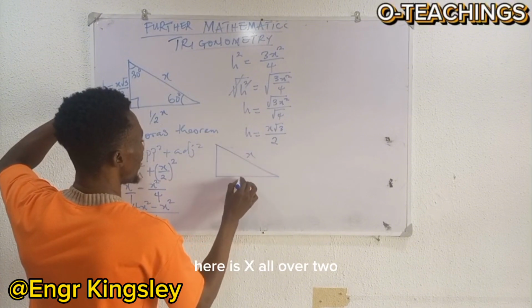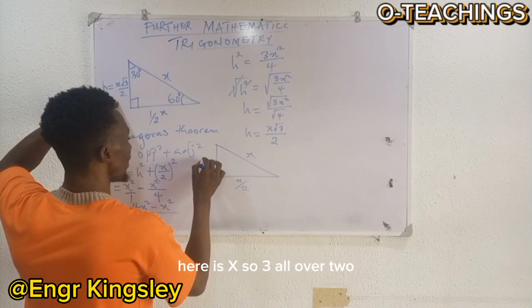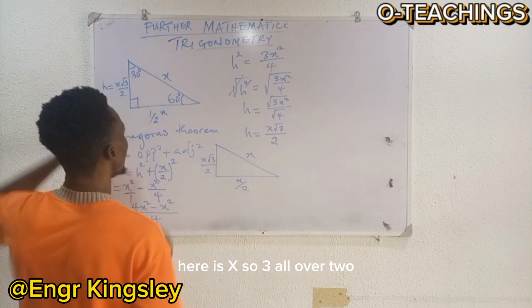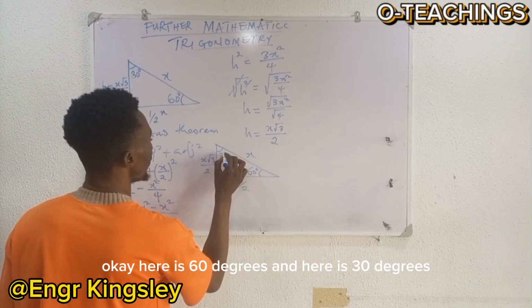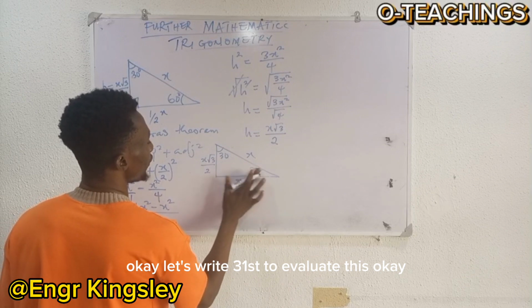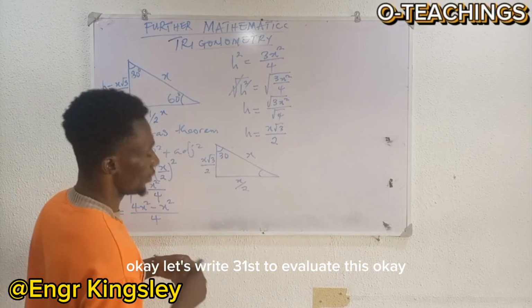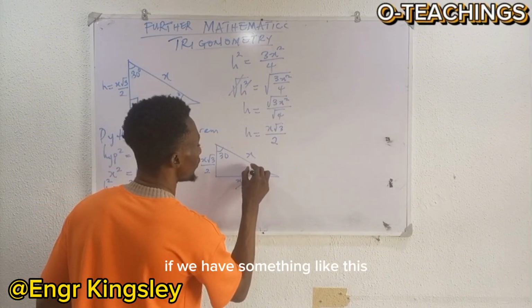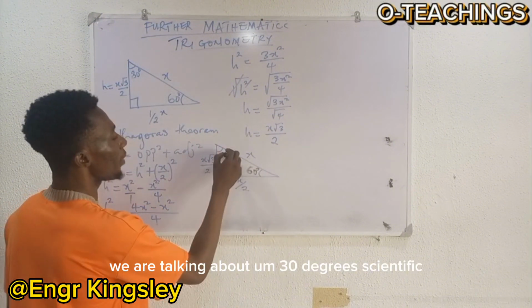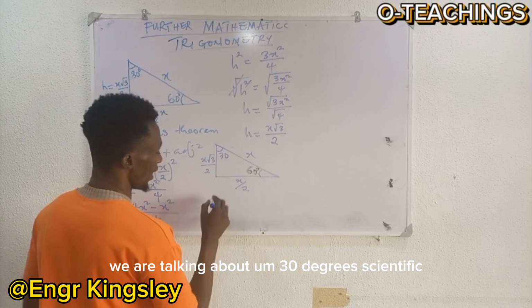Here is x, here is x all over 2, here is x root 3 all over 2. Here is 60 degrees and here is 30 degrees. Let's write 30 first to evaluate this. If we have something like this, we are talking about the angle 30 degrees, sine 30.